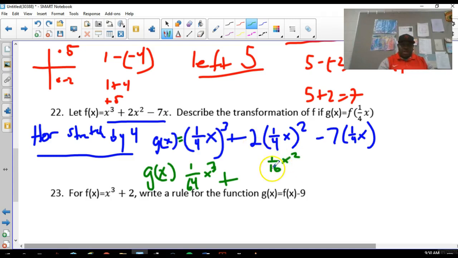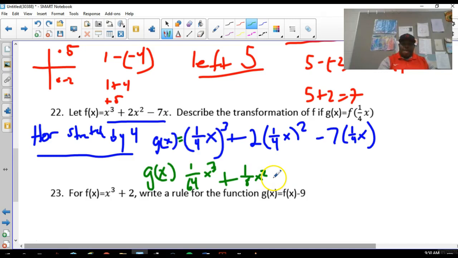But then you multiply by 2. So if I were to multiply by 2, I'd really have 1/8 x squared. All right. So let me move this out of the way. I was just showing you guys what you would have. Oh, too big. There we go. You'd have 1/64 x cubed, 1/8 x squared.